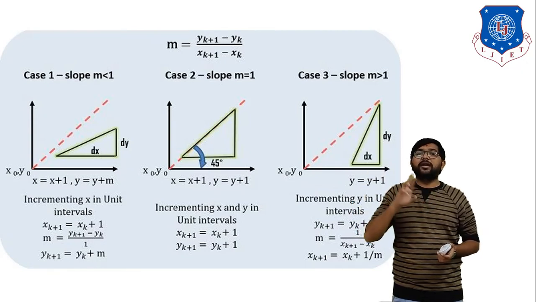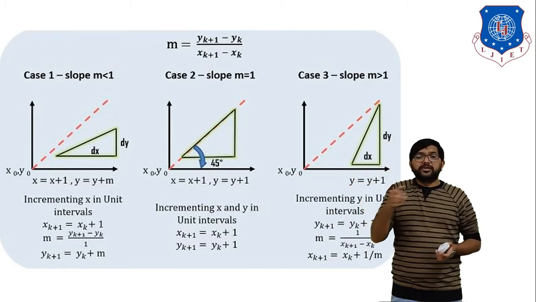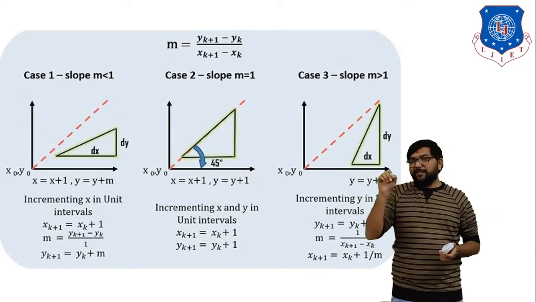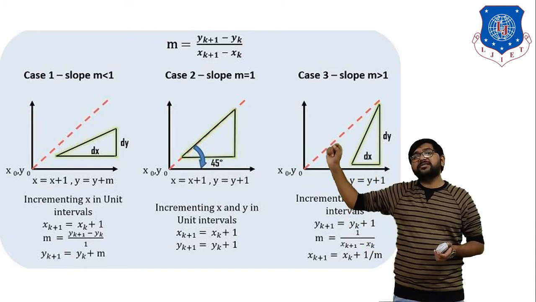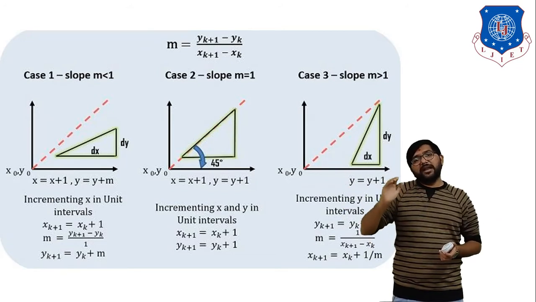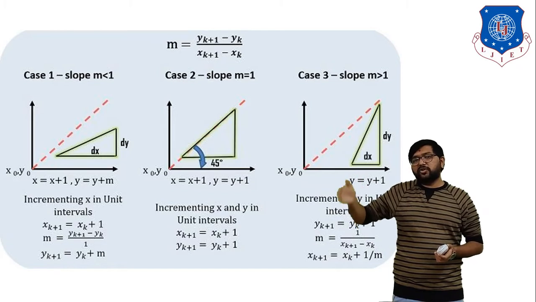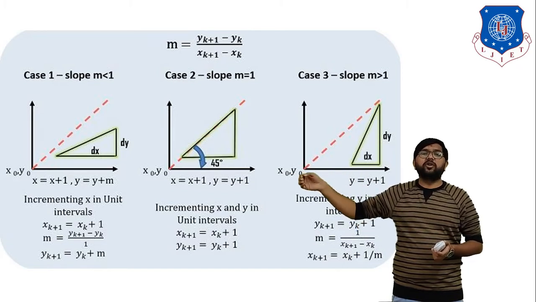But in y coordinate we need to give an increment equal to the value of the slope. So the equations are xk plus 1 is equal to x plus 1 and yk plus 1 is equal to y plus m. That means we give increment of 1 unit in x coordinate, but in y coordinate we give an increment of the value of slope.